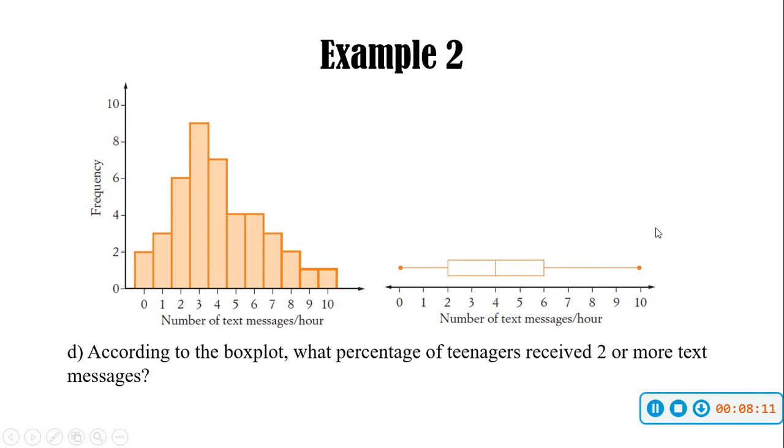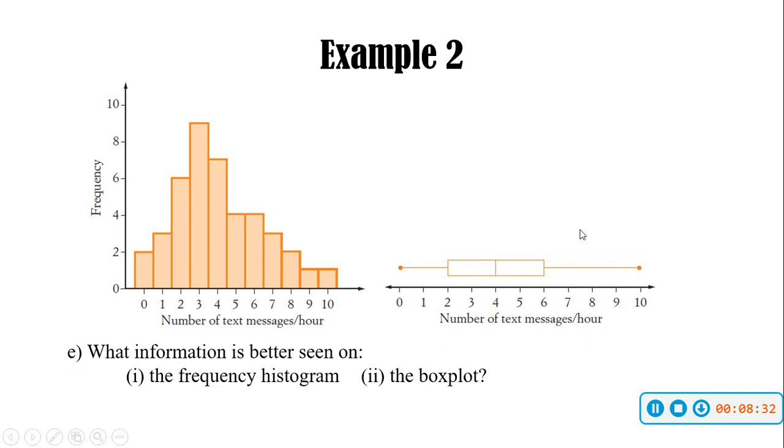Part D. According to the box plot, what percentage of teenagers receive 2 or more text messages? We can't use the frequency histogram here. We have to do a lot of work for that one. But we can easily use the box plot. So 25%, 25%, another 25% gives 75%. Part E. What information is better seen on the frequency histogram and the box plot?